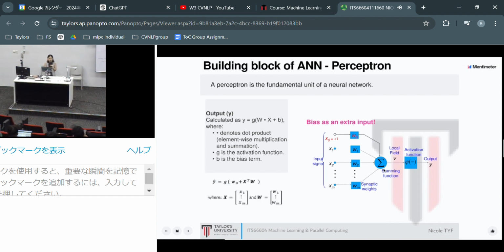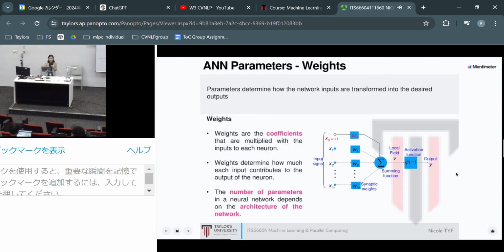So this is how it works for one single neuron, which is one little circle which you see from the previous architecture. Okay, so now let's talk about what these weights are. The weights are one of the parameters that we are trying to learn during the training process of an artificial neural network. So weights are the parameters.